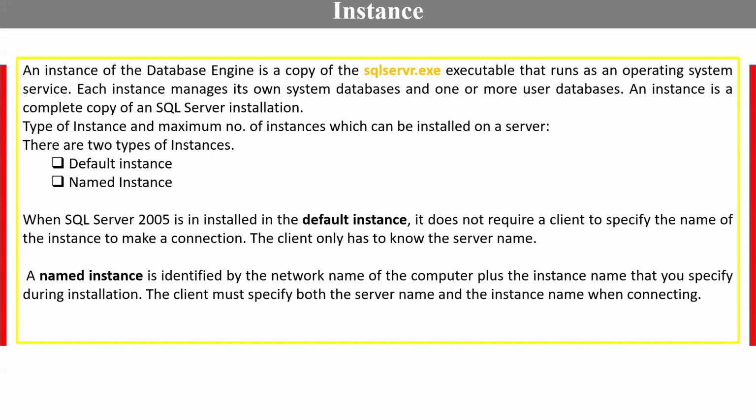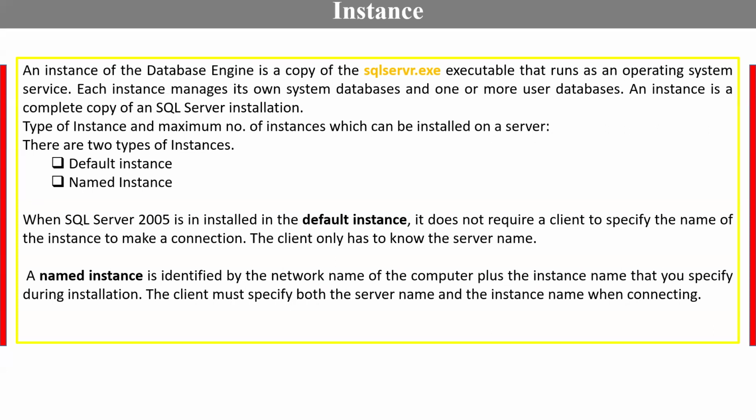In the real world, think that on your VM you are installing only one instance. Then you mostly go for the default instance, because you need not specify a different name. Whatever the host name is, the same name will be used for the SQL Server name and SQL Server instance name as well.